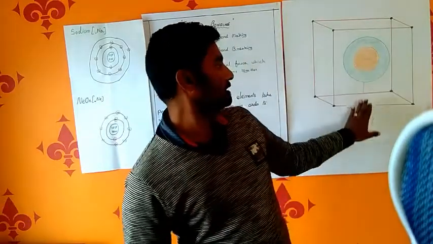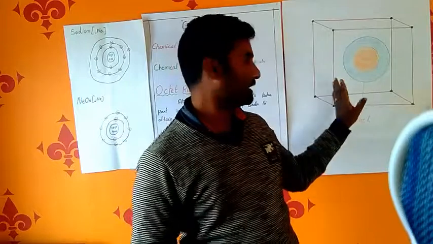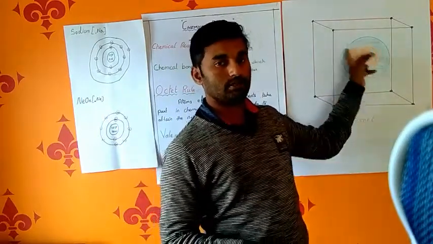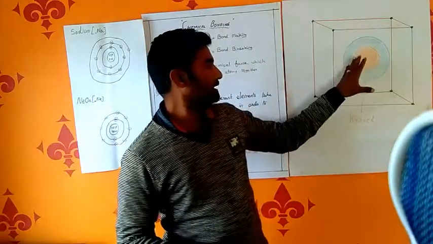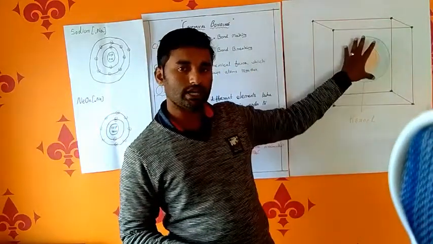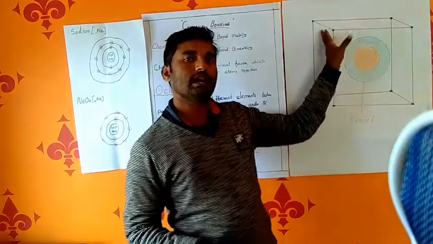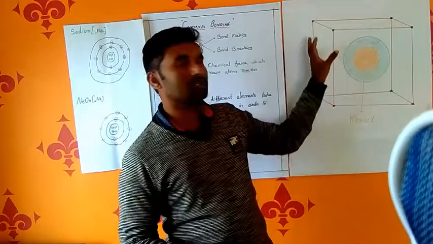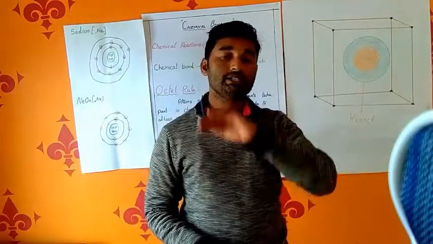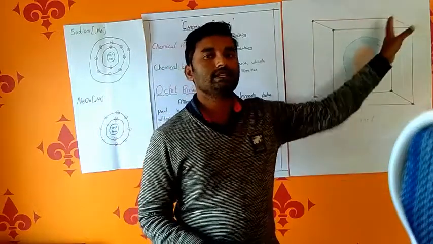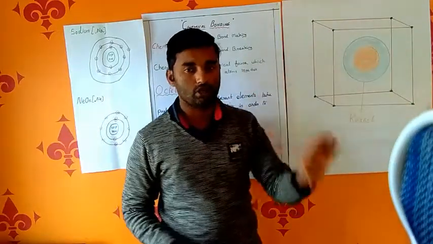Okay, so look at this picture, just understand what I'm saying. Nucleus and inner orbitals he considered, and he called that positive part as kernel, as well as the last valence shell he pictured in the form of a cube, because a cube has 8 corners. So in the valence shell or in the last shell, maximum 8 electrons can occupy.